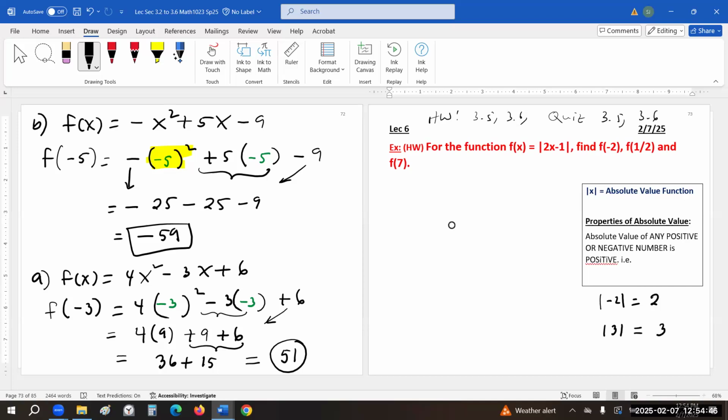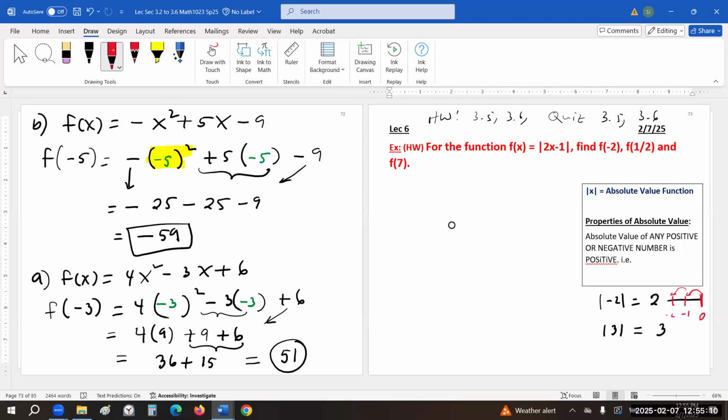Why? Because absolute value tells us the distance between 0 and that number, the number inside the machine. So for -2, it's like how many steps we have from 0 to -2. We have only 2 steps.